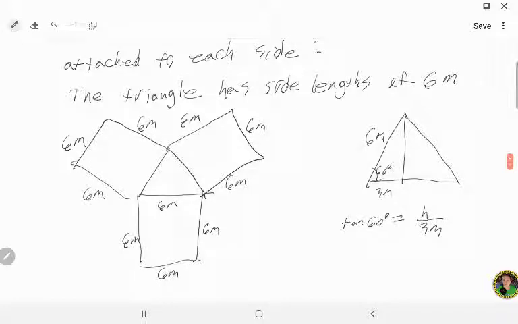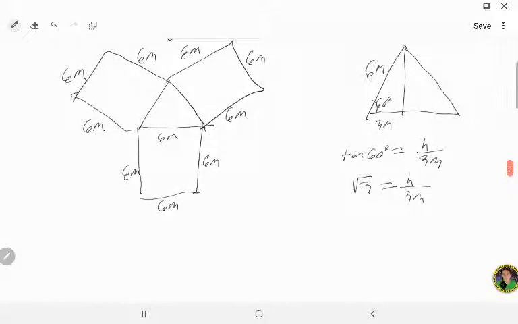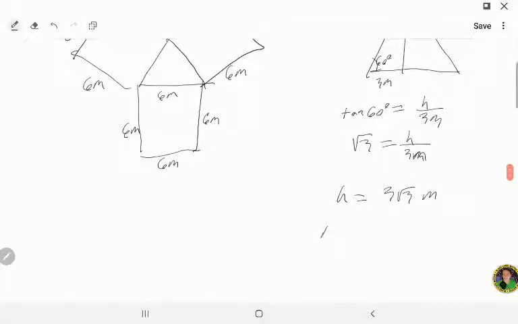We then get radical 3 equals h divided by 3 meters. And so we know that the height is 3 radical 3 meters. And so you know that the area of the triangle is equal to 1/2 times the base times the height. And so we end up getting 9 radical 3 square meters.